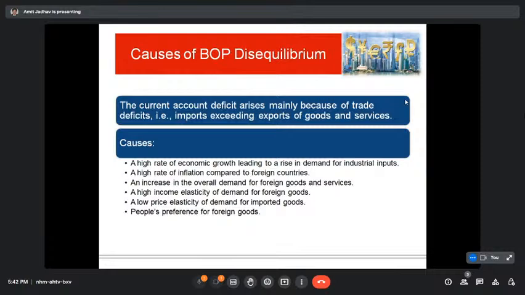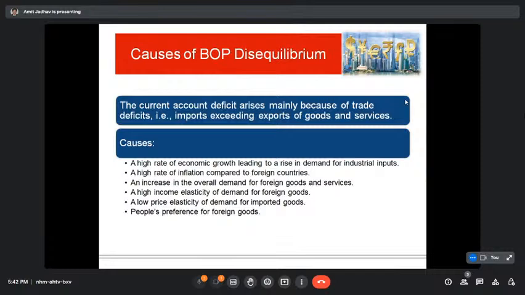Third, we have an increase in overall demand for foreign goods and services. There is some tendency in society to use foreign commodities as quite prestigious. Some people think that using imported goods or other outsider goods is quite prestigious in society.